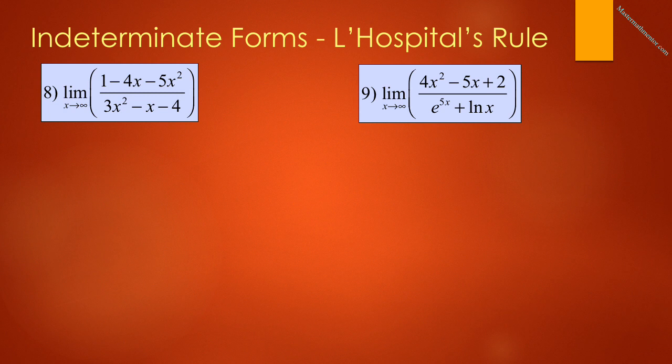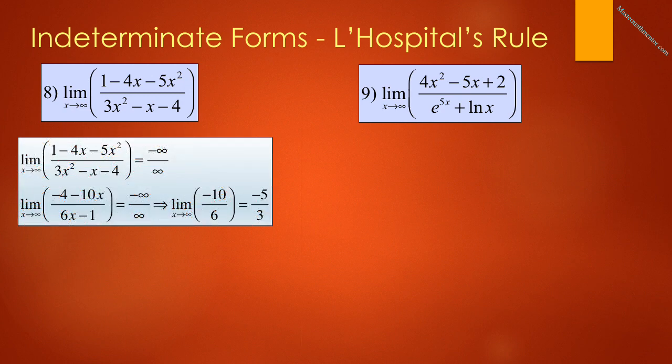L'Hopital's rule can also be used with limits as x approaches infinity. Number 8 reads, the limit as x approaches infinity of 1 minus 4x minus 5x squared over 3x squared minus x minus 4. Plugging in infinity, we get negative infinity over infinity.